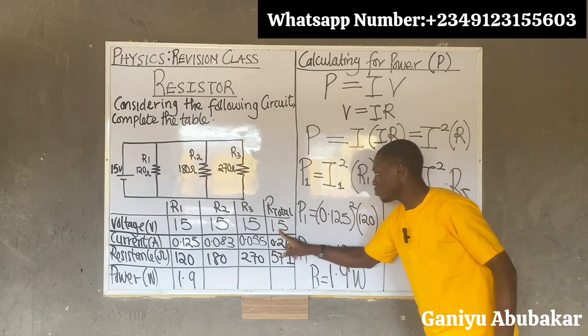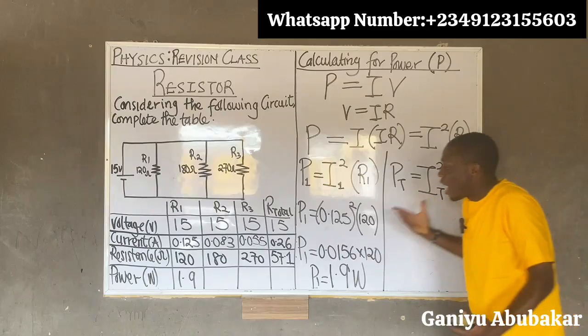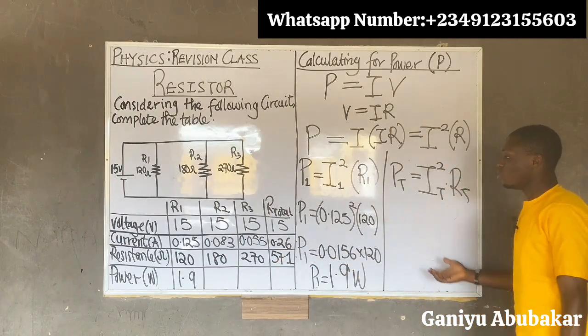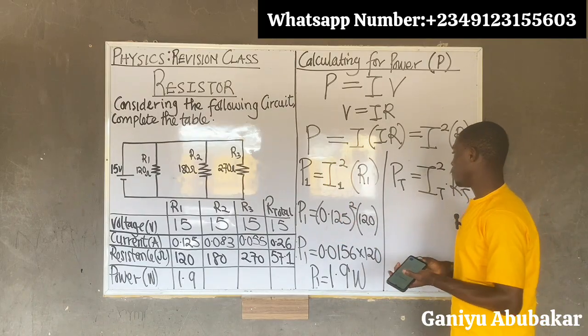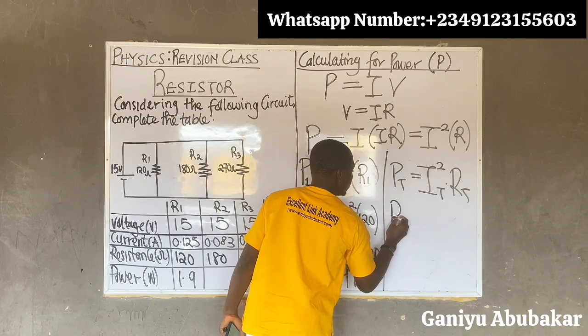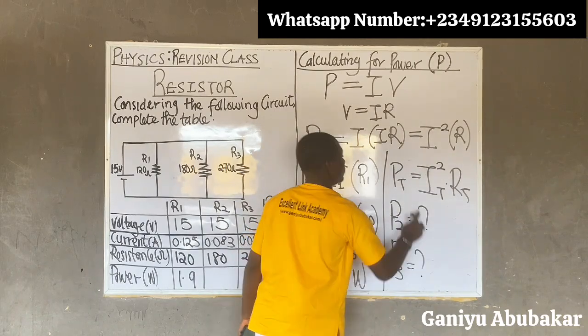Sorry, it is 57.1. What's your I total? I total is 26.6. Right? And get P total for me. That's all. So get P2, P3, and P total for me.